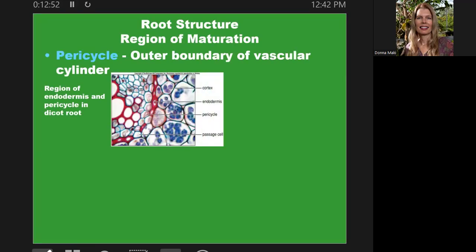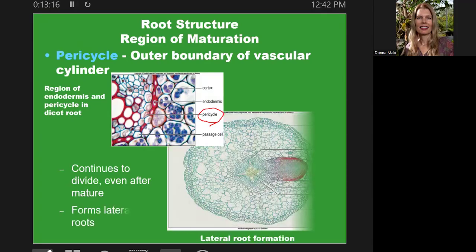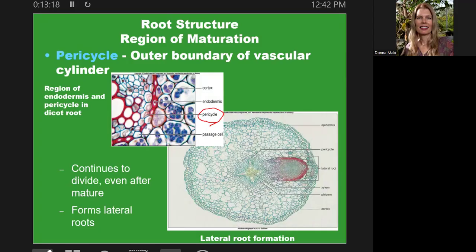The other thing, right to the inside of the endodermis is this pericycle. It's another ring of cells, okay? And when you look at that area, it's an active area of growth. And it actually gives rise to lateral roots.